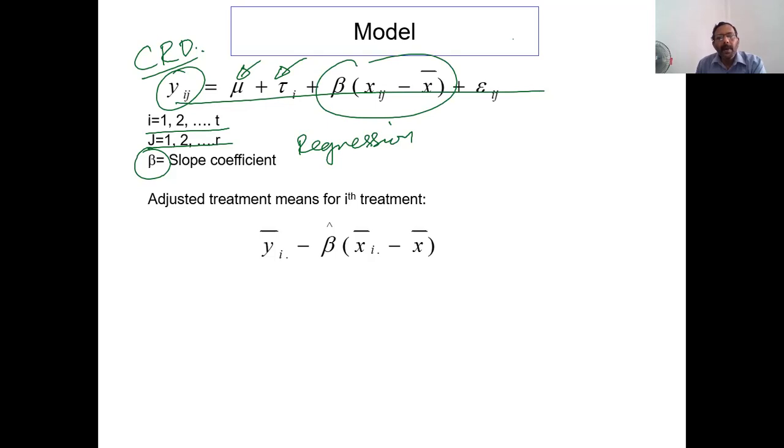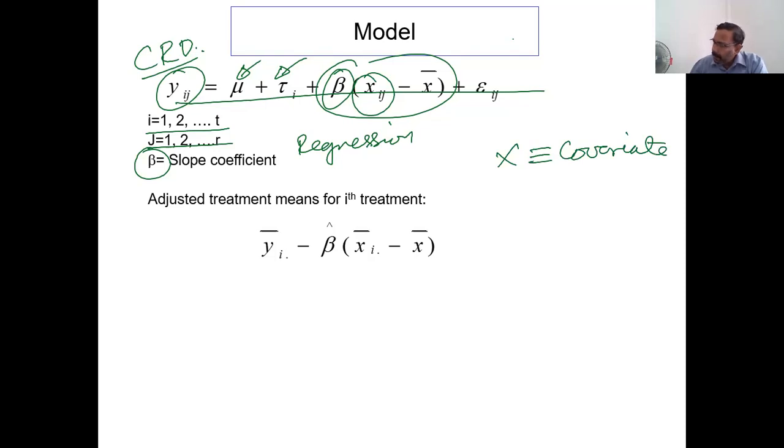So we include that also into the model. We'll come to the ANOVA later on. This is written as beta into xij, that is the observed value of initial weight. X is the covariate here. Write down X is the covariate. Ij means it is the first value.